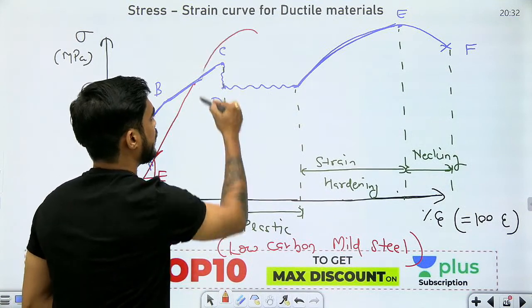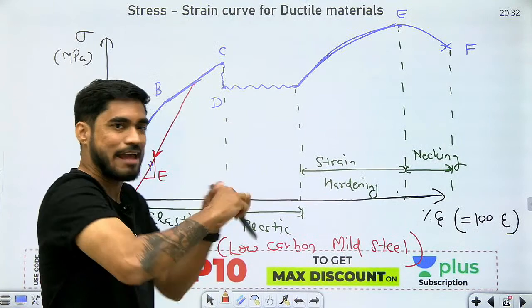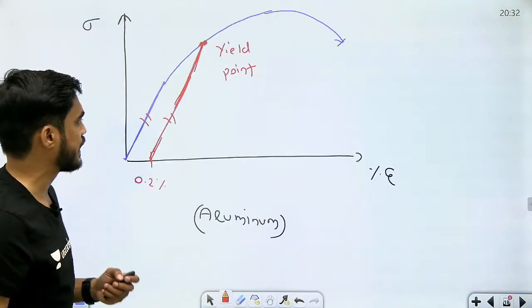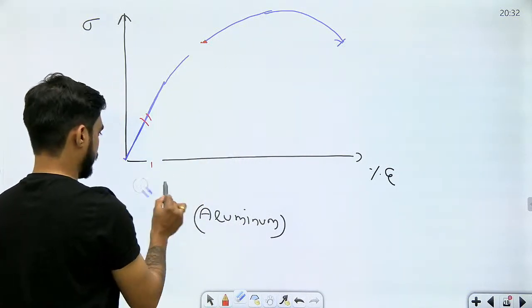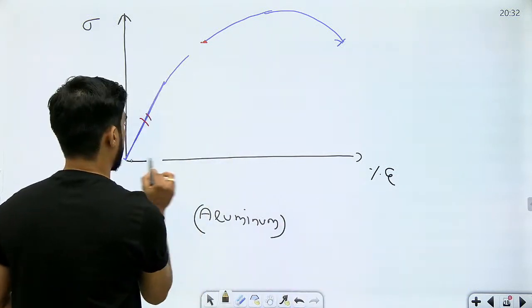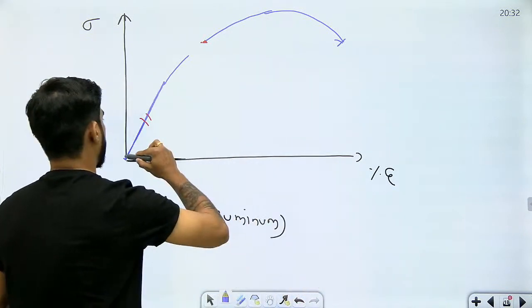This particular region is not present in every ductile material. For example, if you draw the stress strain curve for aluminum, then you will not get this region. You will get this curve. So what is happening here?